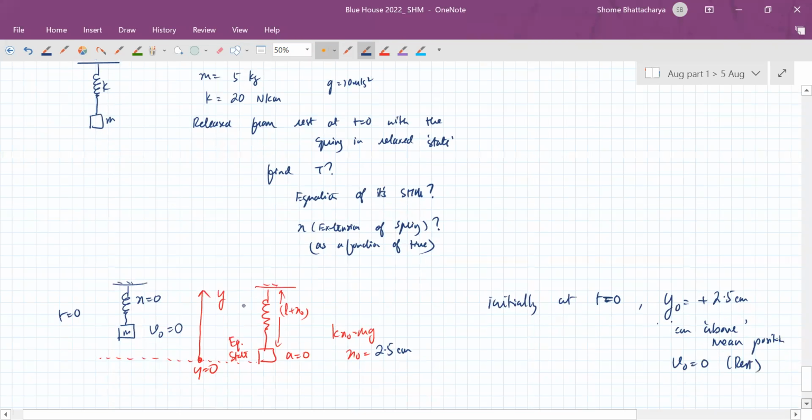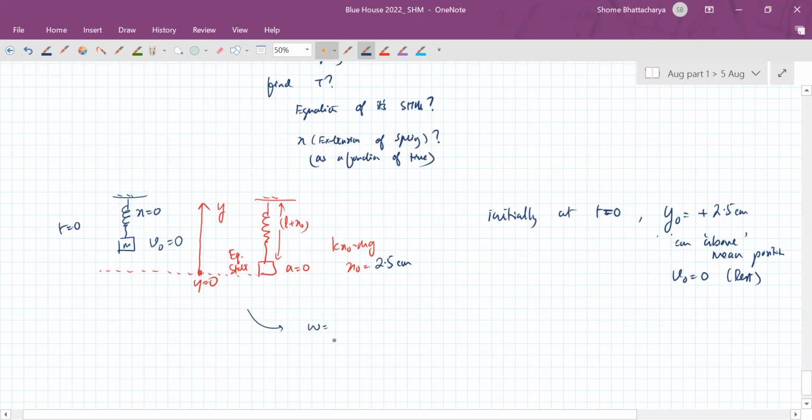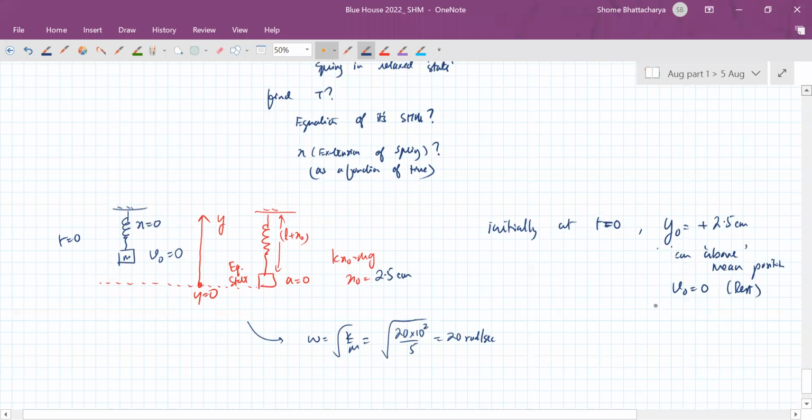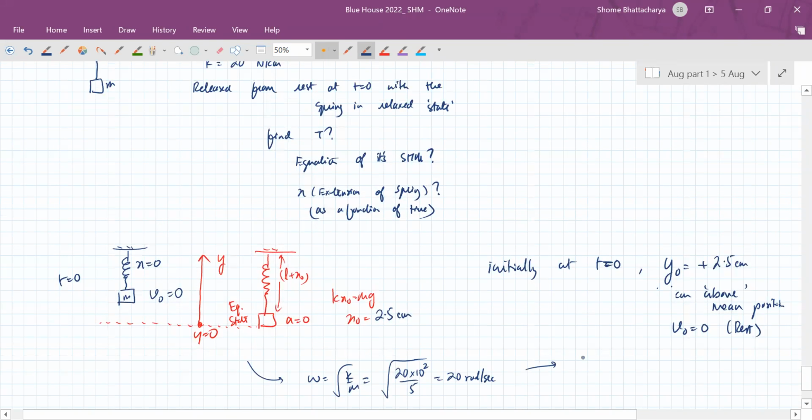Okay. So now by applying the formula, omega is root k by m. So omega is square root of 20 into 10 raised to power 2 divided by 5. So it's 20 radians per second. Now from this, y is some amplitude A into sine of omega t plus phi.